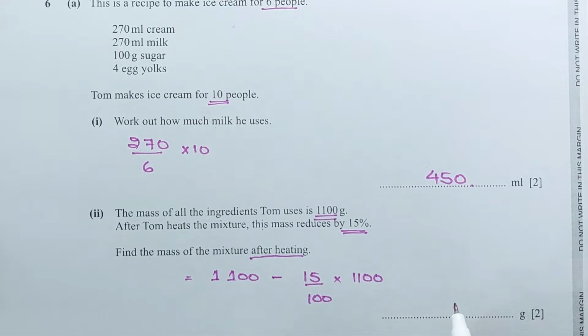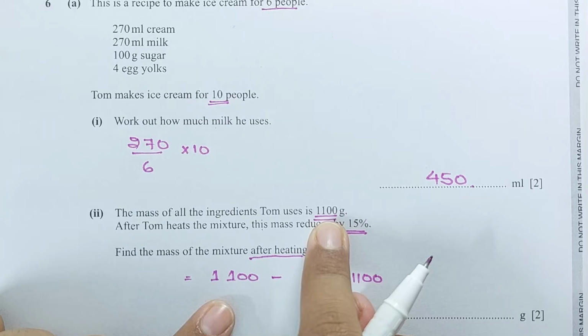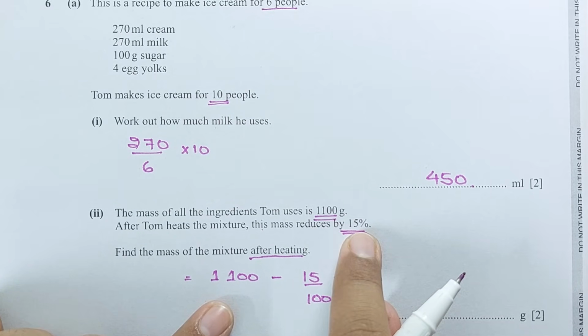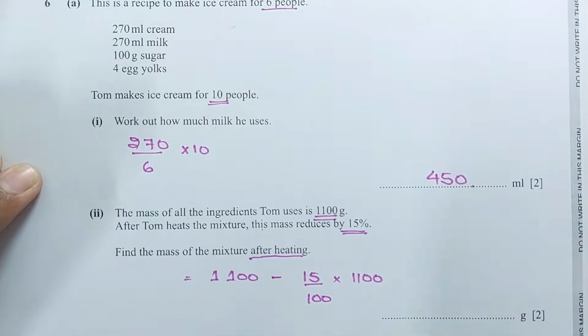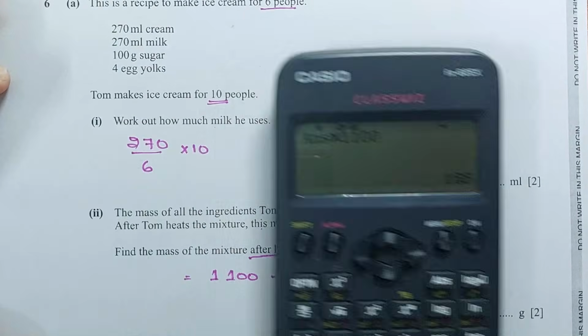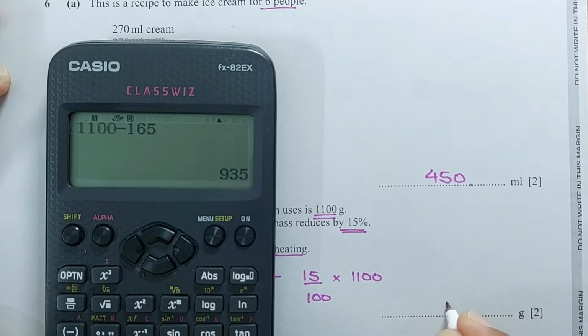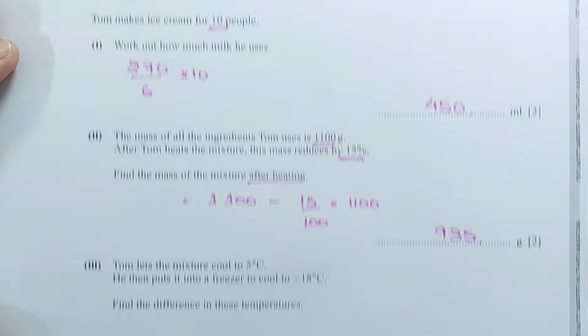So from the initial mass we subtract the 15% reduction. 15% of 1100 is 165. 1100 minus 165 is 935 grams, the mass after heating.